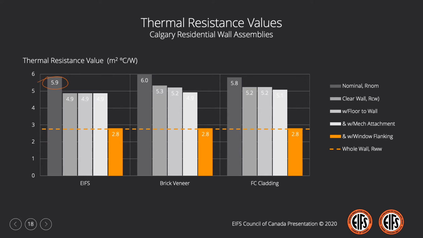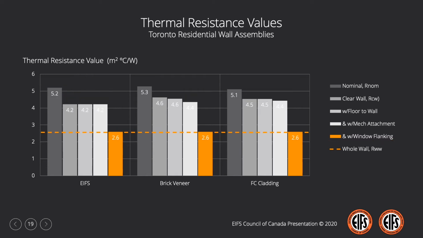However, window flanking once again emerges as the single largest influencer of thermal performance in our modeled conditions, where we see the biggest drop in overall performance is once window flanking is taken into consideration. So again, we have a nominal value and a whole wall R value with a difference of approximately 50%.